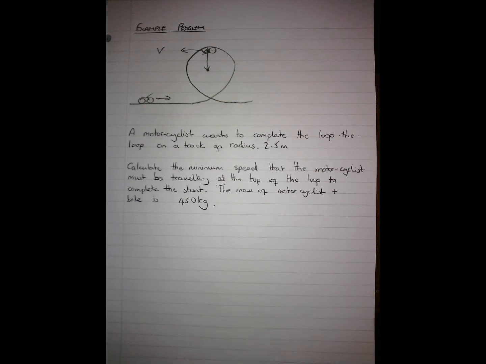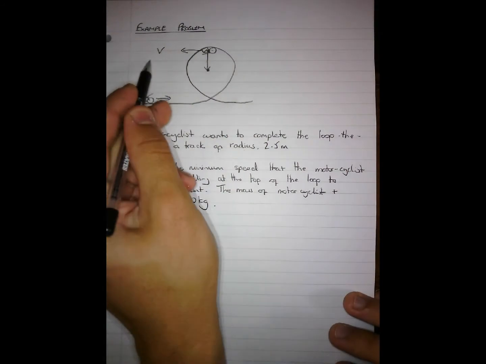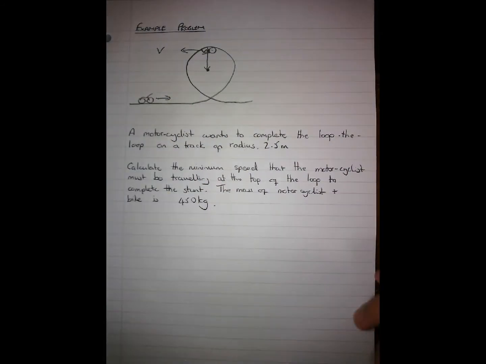And the question we're asking here is, what is the minimum speed the motorcyclist must be travelling at the top of the loop there to complete the loop successfully? This is similar as well to the video we looked at on Thursday of the man running the loop. So it's a similar sort of problem.